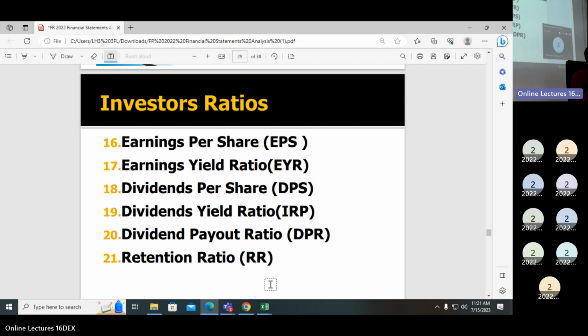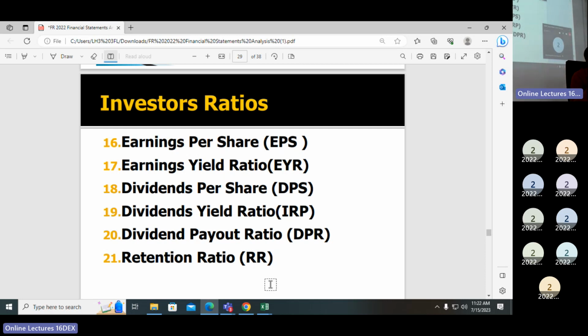All the ratios we discussed, investors consider, right? Profitability, liquidity, working capital, long-term finance, everything will be considered. These ratios measure the return from the investors' perspective, especially when you consider share investors.